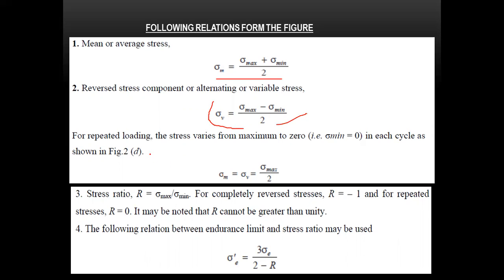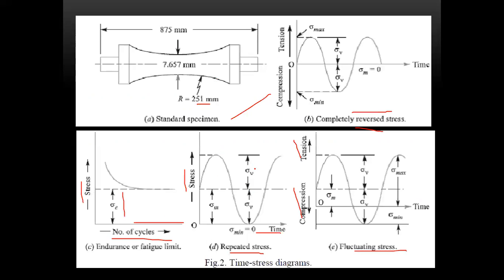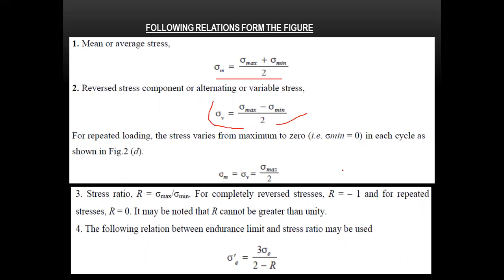Then for repeated loading of each cycle, as shown in the figure, the formula is sigma m equals sigma v equals sigma max by 2. Then the stress ratio R equals sigma min by sigma max. For a completely reversed stress, R is minus 1, and for repeated stress, the R value is 0. Then R cannot be greater than 1.